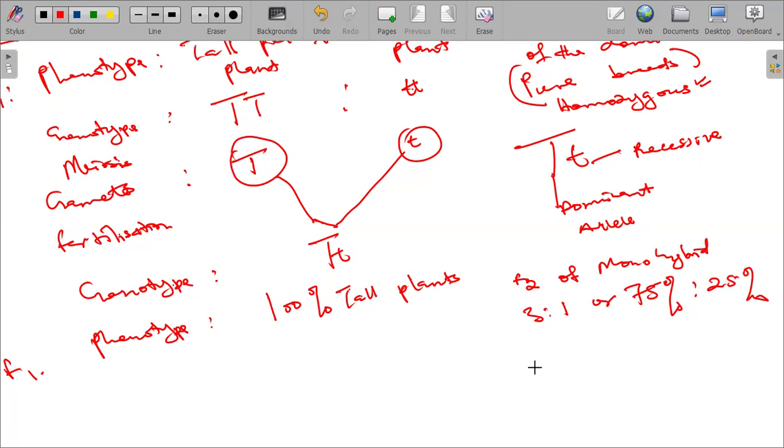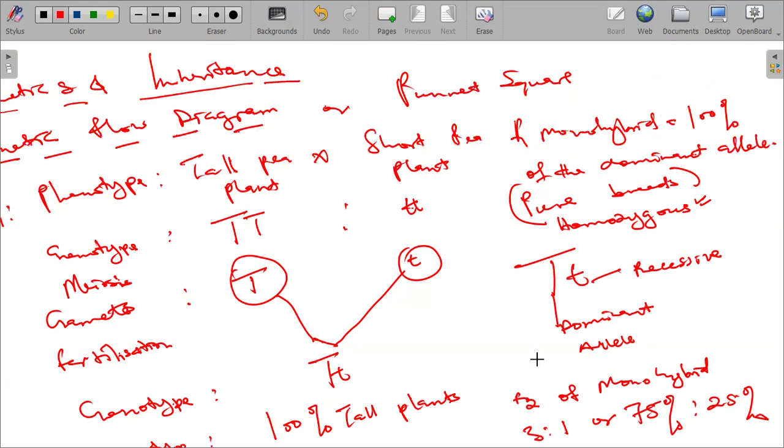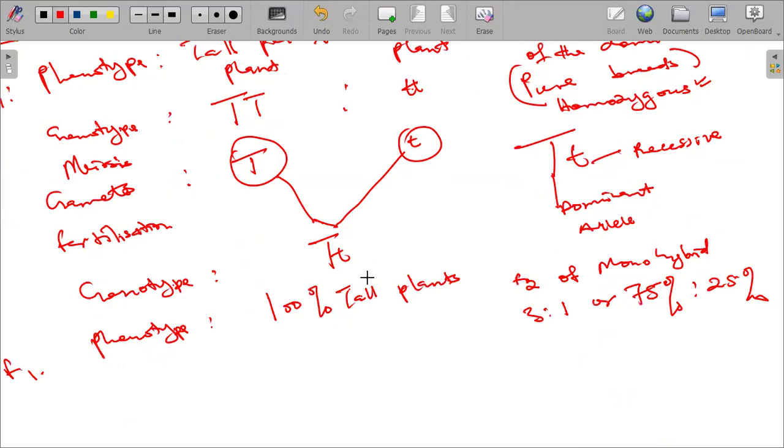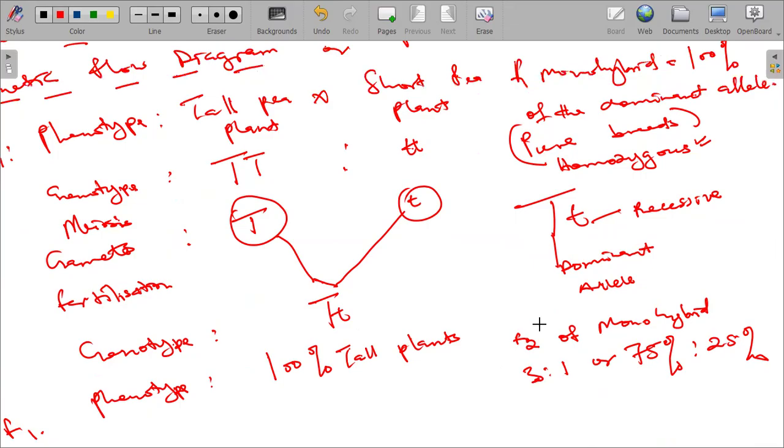You must not forget that. That must be known by every learner who is going to write matric. We can prove it, but let me not go there because of time. Just remember that this is a monohybrid cross: F1 is 100%, and F2 is 75% to 25%. That you need to know.